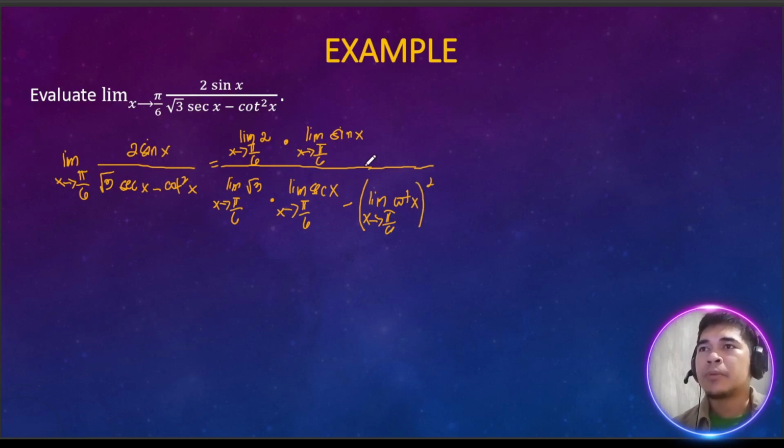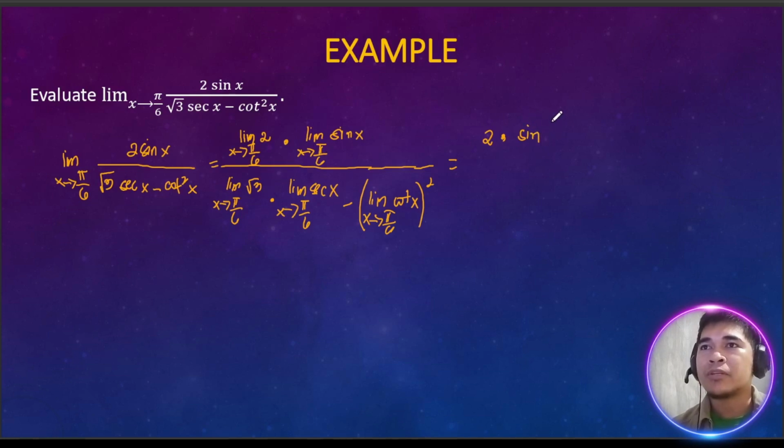Alright. So now let's apply the limit theorem. The limit of 2 as x approaches pi over 6 is 2. The limit of sine x as x approaches pi over 6 is, according to the theorem we discussed earlier, equivalent to sine a.